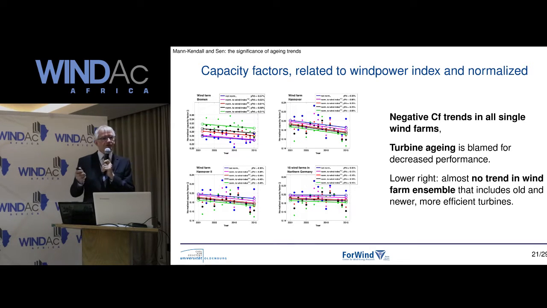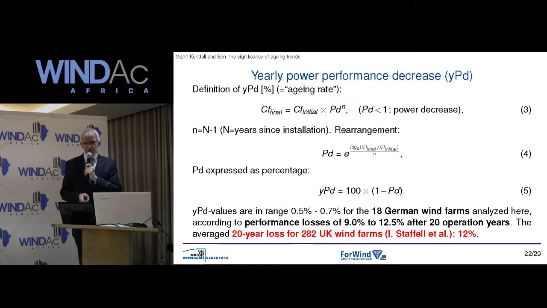This is simply due to the fact that this is a mixture of old turbines and new turbines. And the new turbines, they are more efficient, of course, and in this way it stops the negative trend. But now we want to know how much power performance a wind farm loses in 1 year.